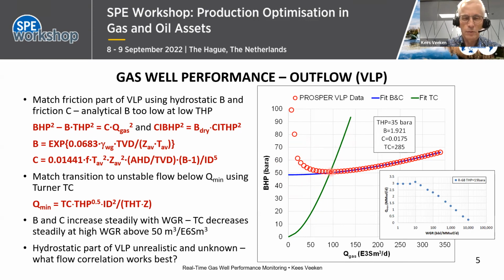And this minimum, people also refer to it as liquid loading, and the rate that it happens at as a liquid loading rate. And you can describe that liquid loading rate by what we call the Turner equation with a Turner constant. This is a well-known expression to describe that point where instability can occur.